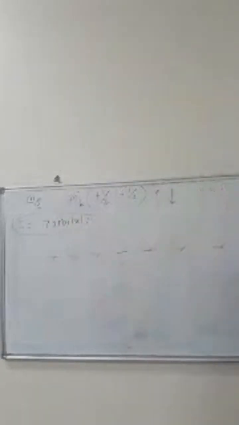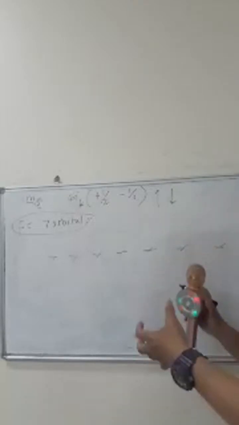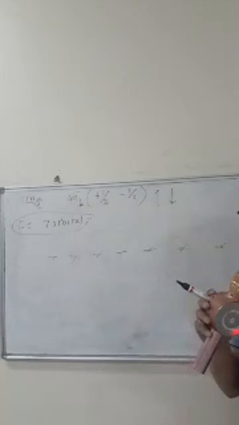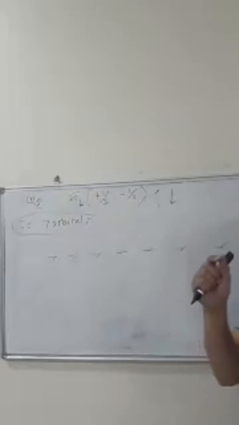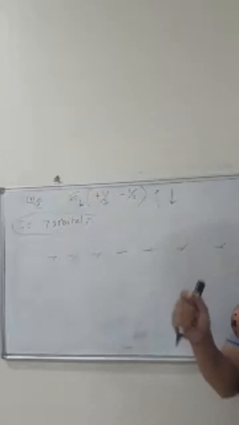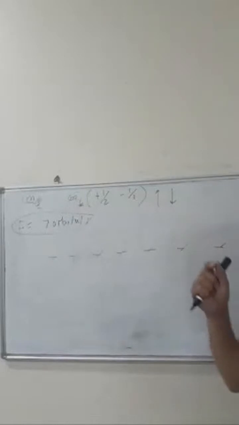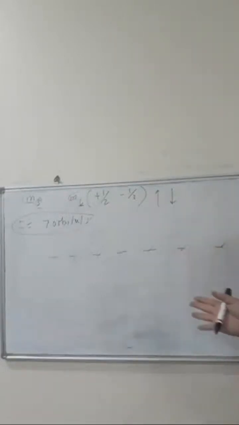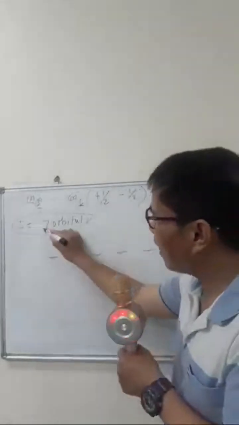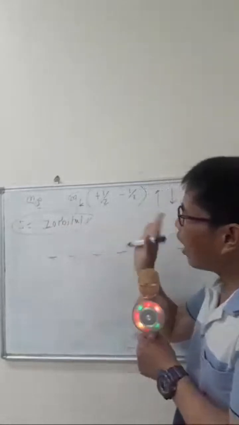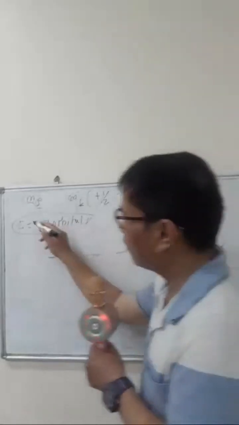Now, remember the Pauli exclusion principle. It is here that we can apply it: in every orbital there are only 2 electrons, and they cannot have the same set of 4 quantum numbers. So for example, how many electrons in F?